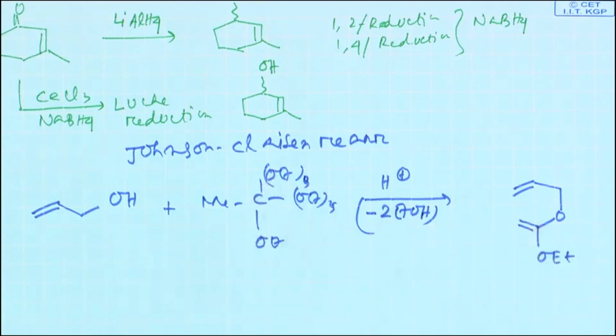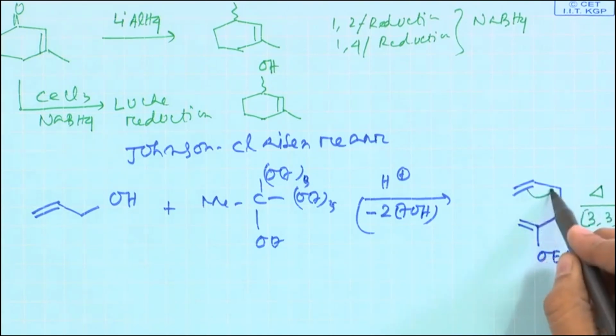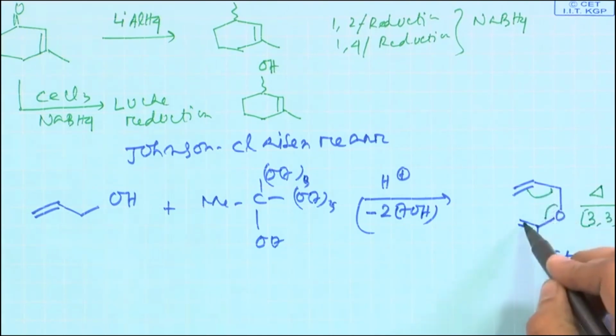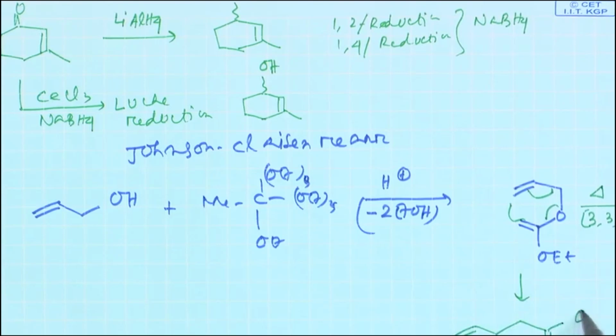Now, it is a very nice and interesting reaction, which probably all of you know. Subjected to heat, a 3,3 sigmatropic rearrangement takes place. This all of us probably know, and then you basically get a compound like this, which is alpha, beta, gamma, delta.